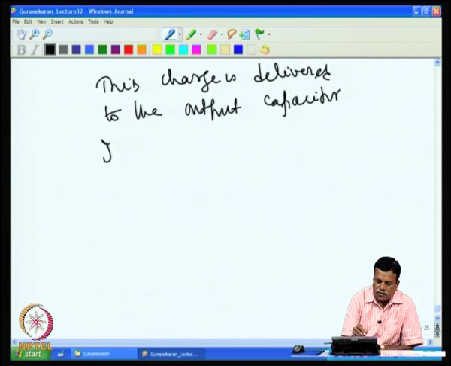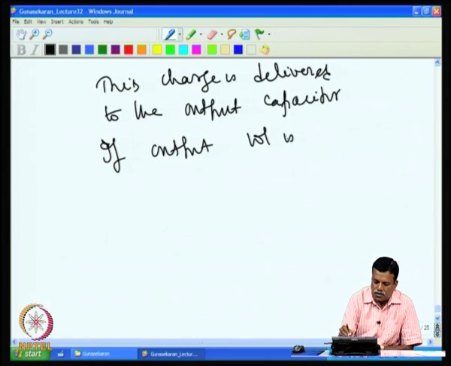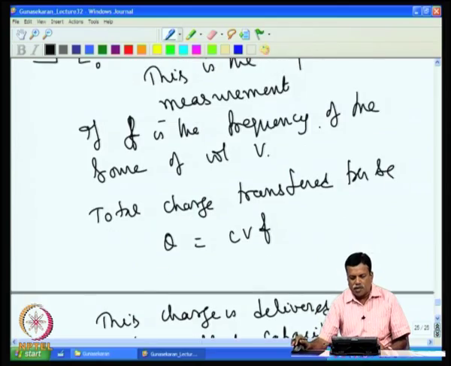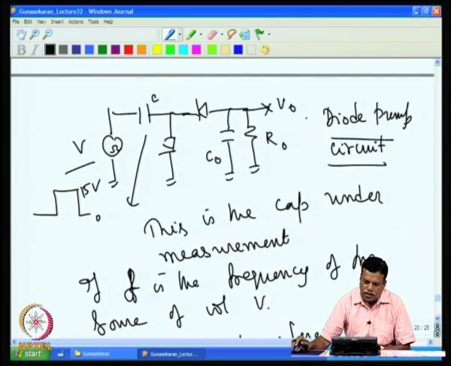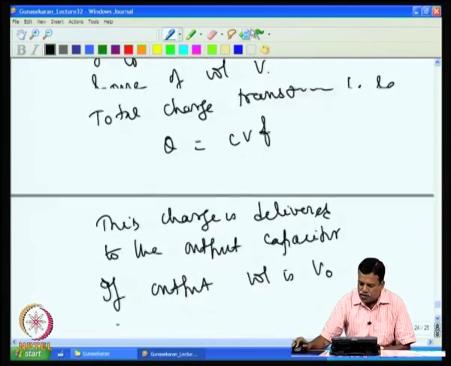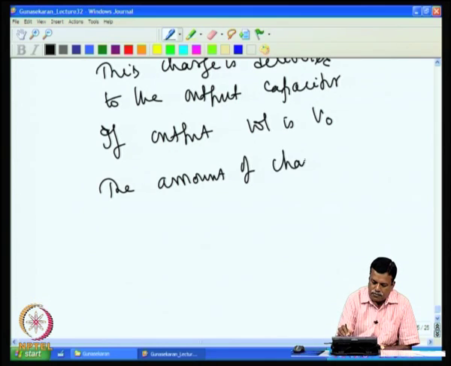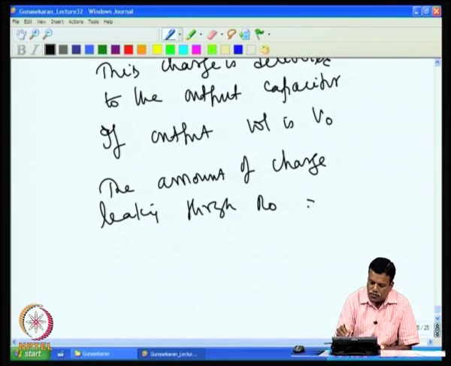So, if the output voltage is V naught, then the amount of charge leaking through R naught would be equal to V naught by R naught.